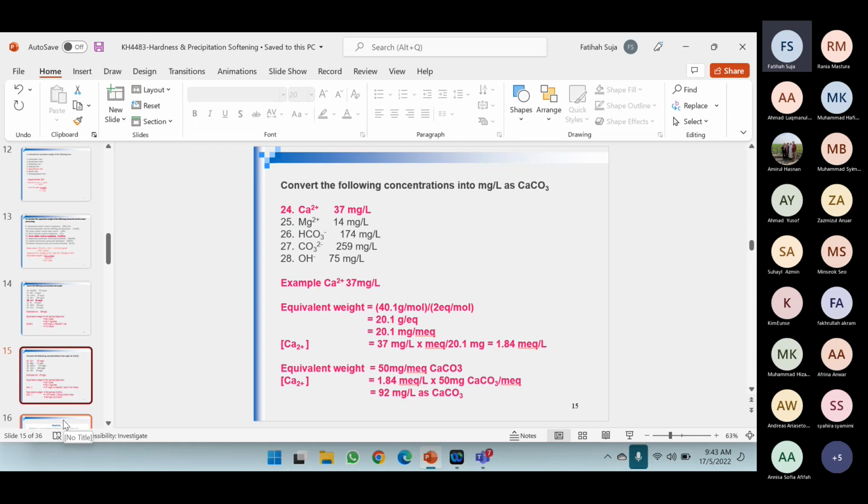When you look at the bottle of your mineral water, this is the unit given. I want to convert to another unit that you are very familiar with, and sometimes for your design you need to convert to the unit that is available for you. So I want you to be able to convert the unit for this hardness.